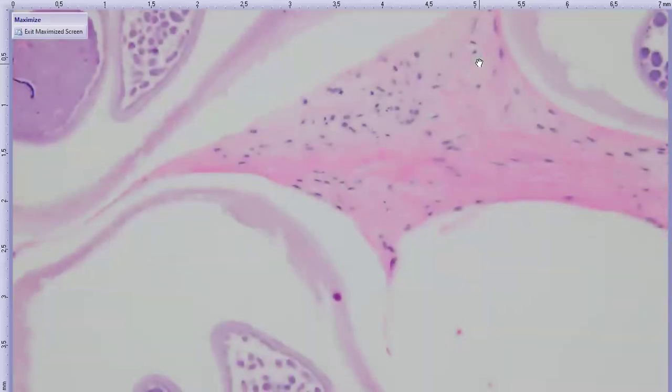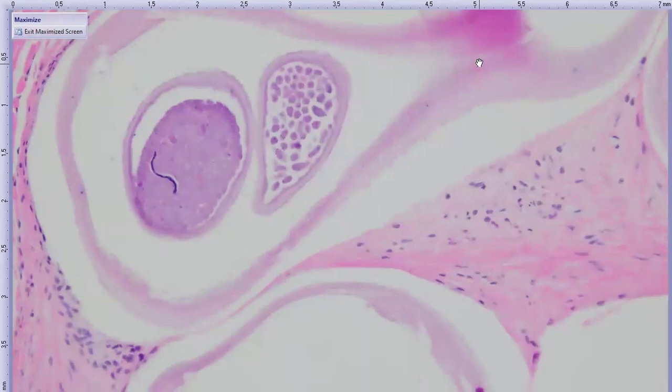All right, here we go. So we have eosinophilic cuticle. We've got these nice symmetrical ridges that are consistent around the edge here. We've got musculature, we've got reproductive organs, and we've got some microfilariae here.